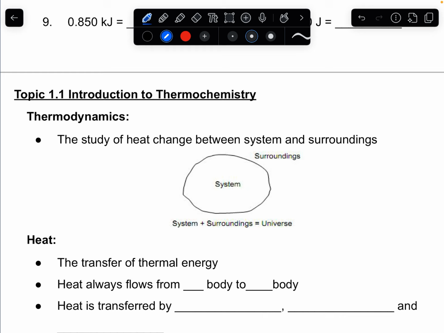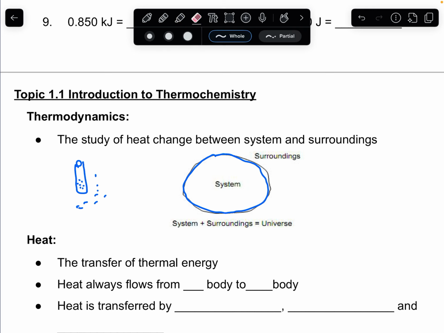Our universe is classified into two things. Say, for example, what you are observing, that is called a system. If you are conducting a reaction in a test tube with the ingredients in it, the test tube and the ingredients in it, that is the system, and everything outside is called surroundings.